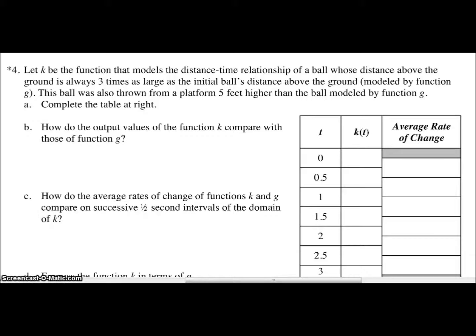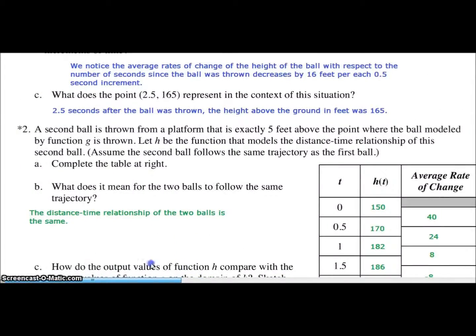Over the summer, when I was first introduced to these Pathways materials, the author of the textbook, Marilyn Carlson, came to MTSU and we worked on this problem, and I spent about 30 minutes saying that it was impossible. It just didn't make sense. How could you throw a ball from a platform 5 feet higher than that modeled by g and still have the distance be 3 times as large? It's impossible.